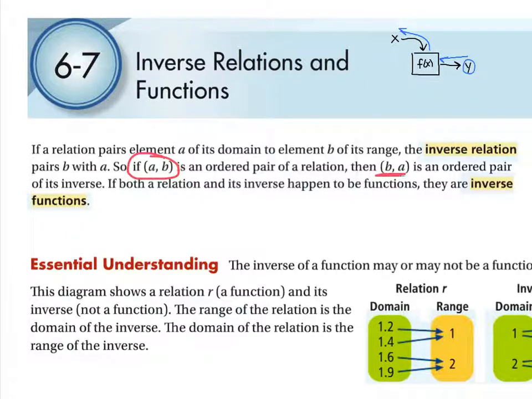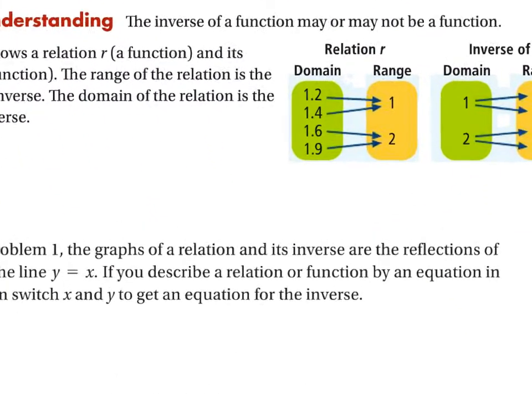That same point would instead be mapped to BA. Notice, the x-coordinate became the y-coordinate. The y-coordinate became the x-coordinate. We just switched the x and the y. Take a look at it in another way.